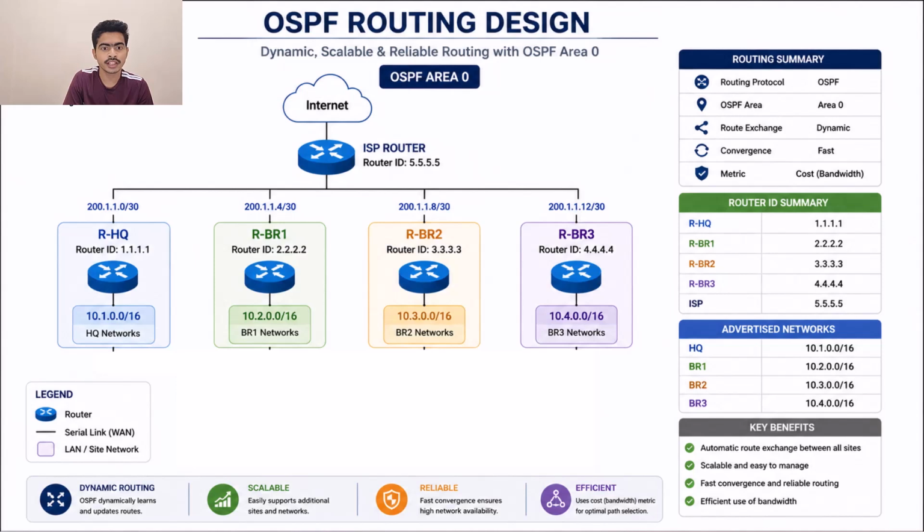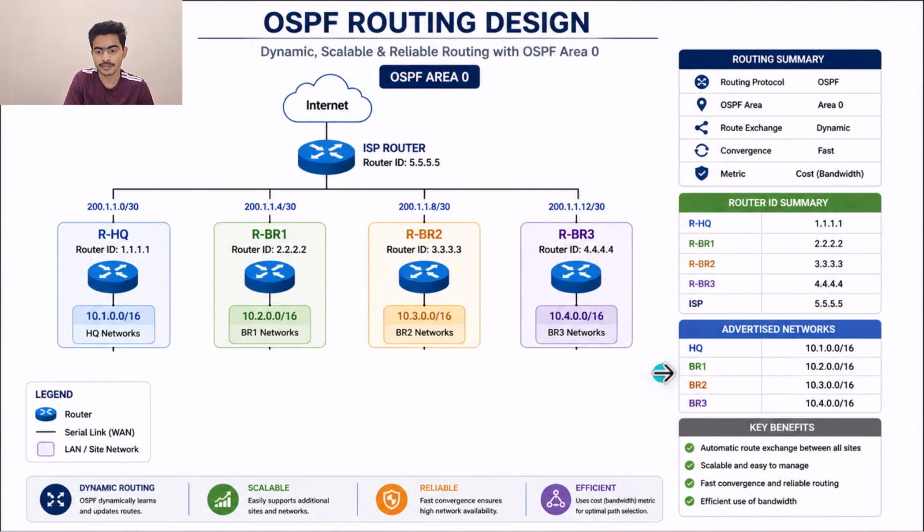Here we can see our dynamic routing details. We have used OSPF so that we don't need to manually configure the network routes every time there is a change in the network. We can see that advertised networks are HQ, BR1, BR2, and BR3.